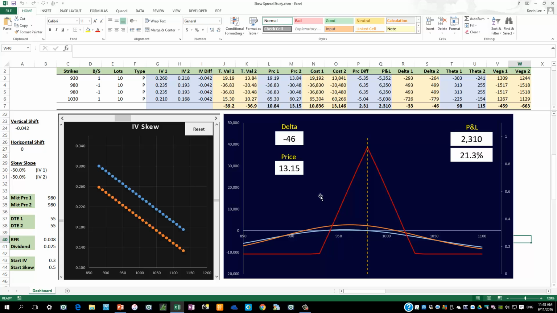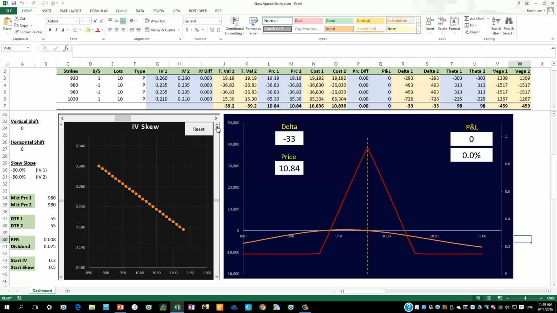Now, have you ever wondered why a butterfly starts with a negative delta, and the T+0 line is not symmetrical along this central axis? That has to do with IV skew. With a skew, you will get this type of T+0 profile.